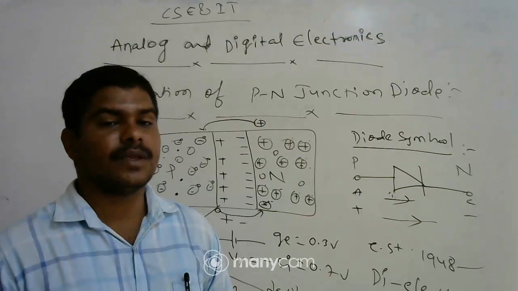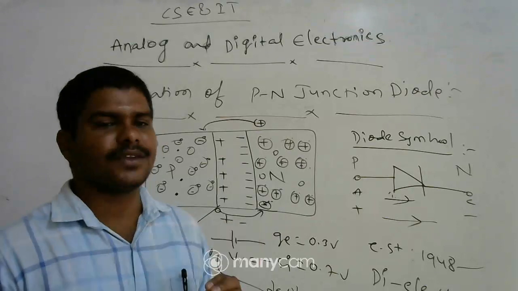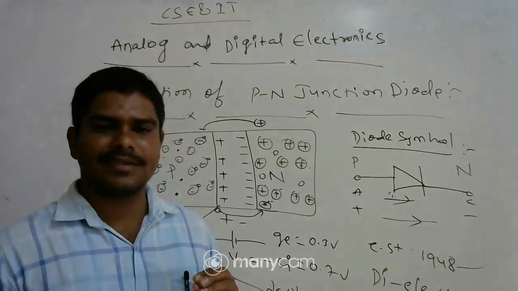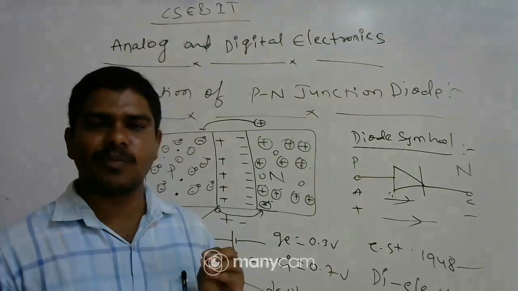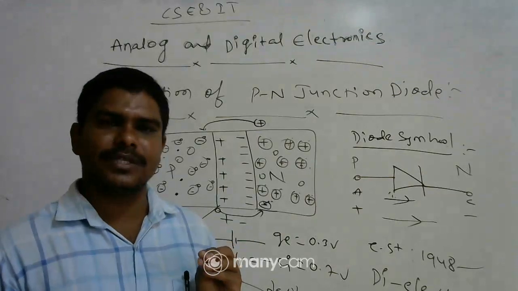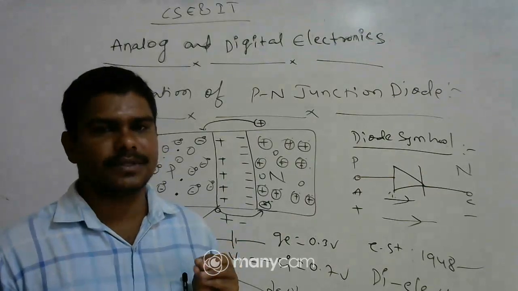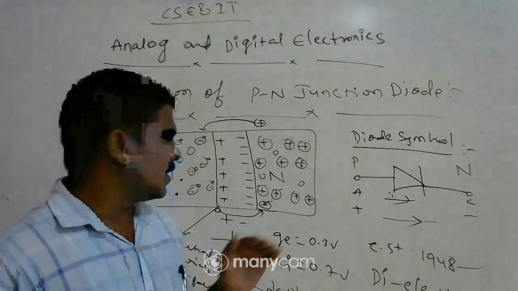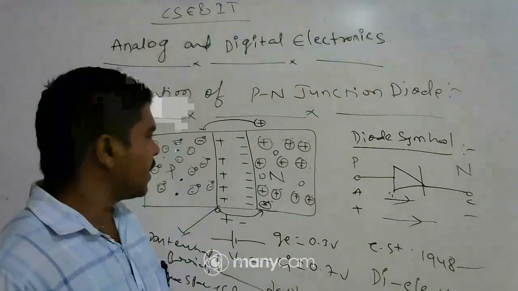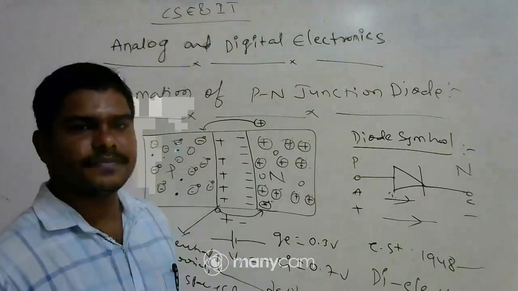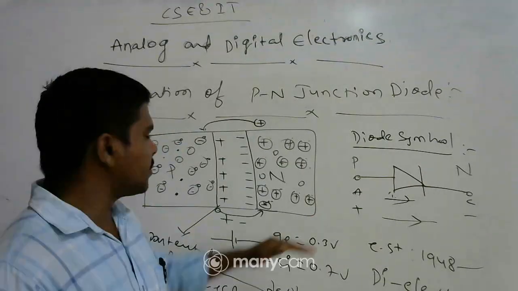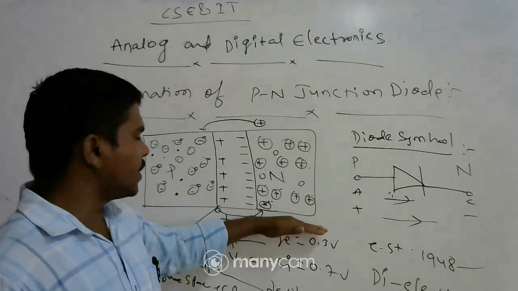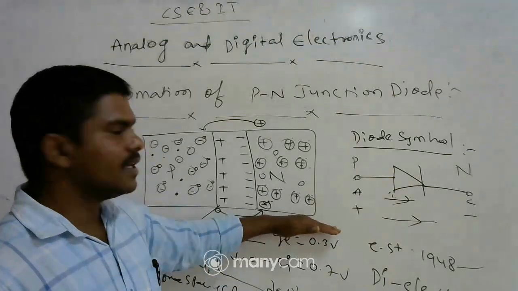If you know these four factors for a particular device, you can easily handle any application. So we will see only the P-type and N-type material through the diode.